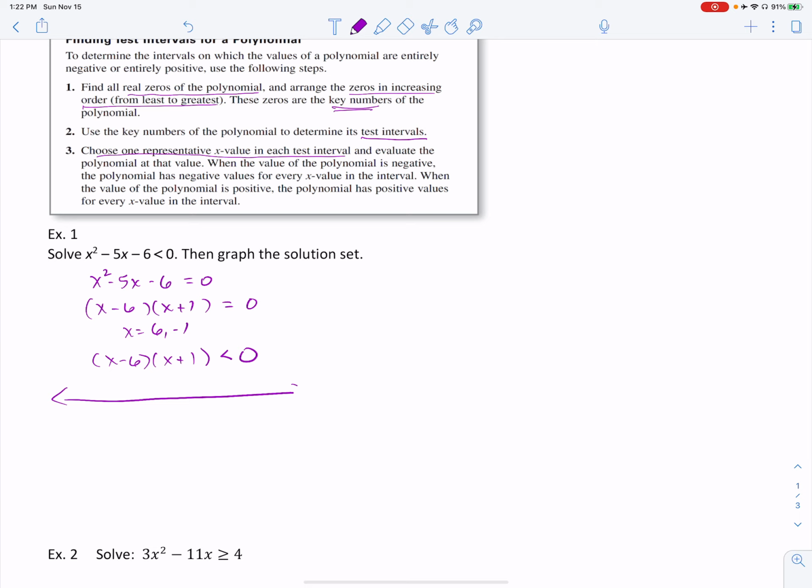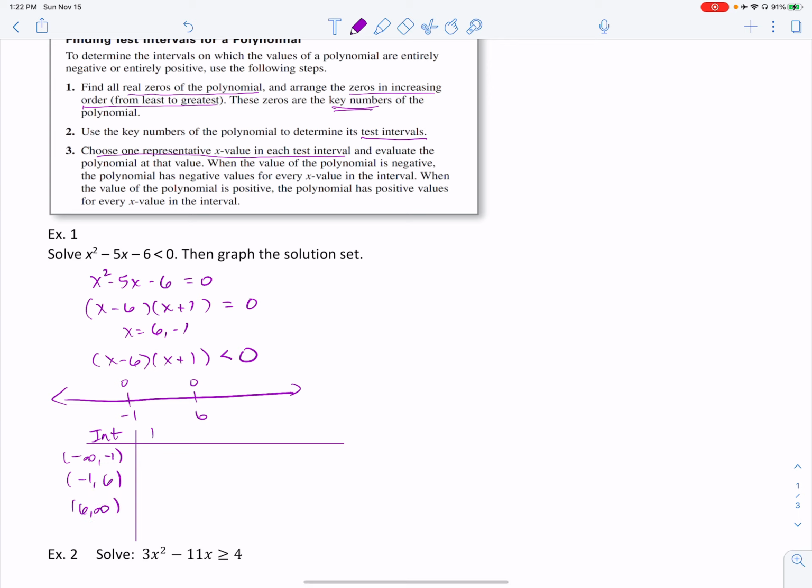And to put them in the right order, I'm going to put them on a number line. And those are zeros of this polynomial. And that is going to give me intervals to test, just as we've done before, from negative infinity to negative 1, negative 1 to 6, and 6 to infinity.